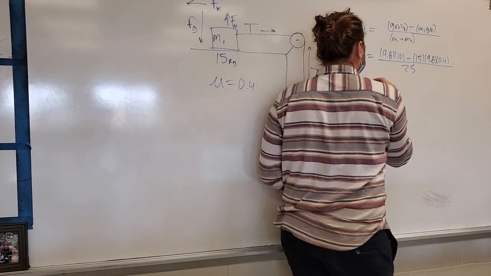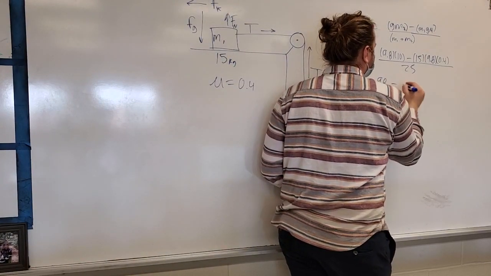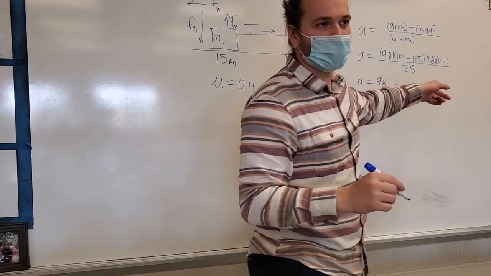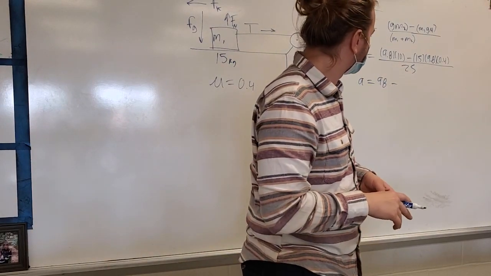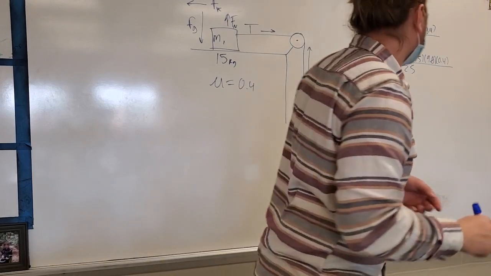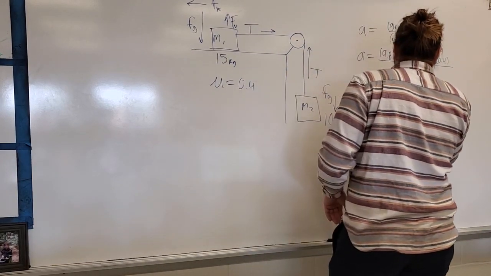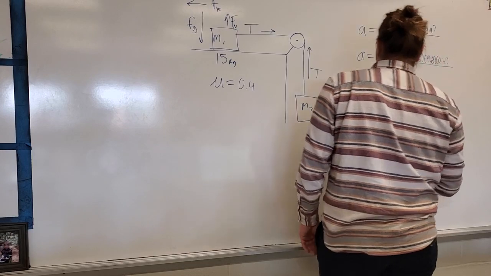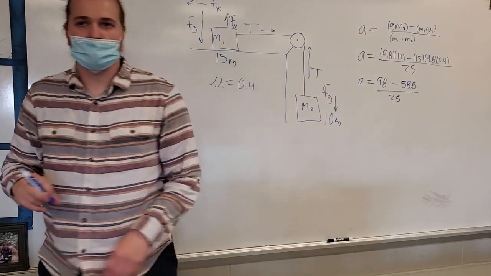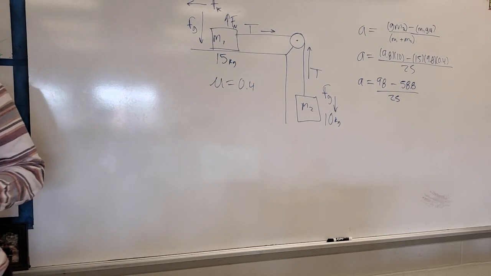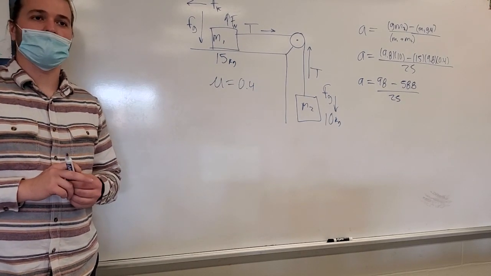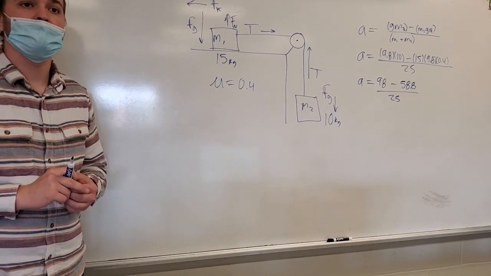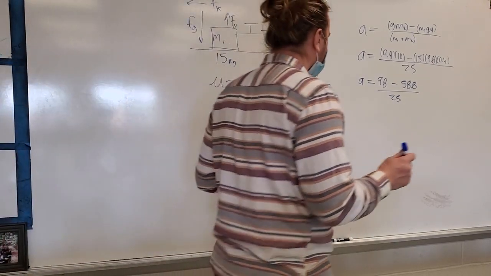You say, okay, A is equal to 98 minus, what is that, 58 point something? 58.8. Yep. 58.8 over 25. And we get a final acceleration that's equal to, I don't want to do it on calculator. 1.57. That seems right.